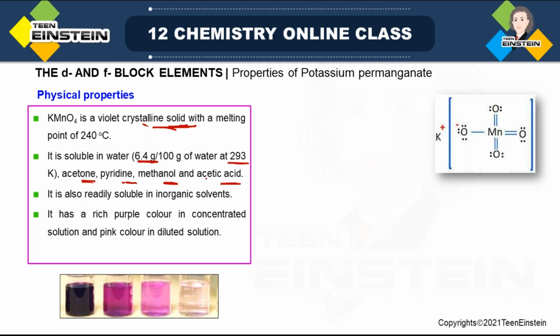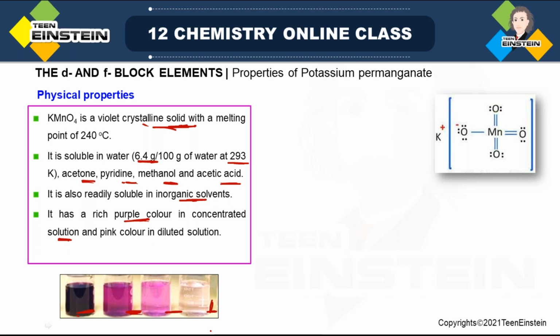Okay. Rich purple color is there if it is a concentrated aqueous solution. So see, this is a very concentrated aqueous solution. But if you dilute it, gradually you will see the color becoming pale. So it is almost colorless. Okay.